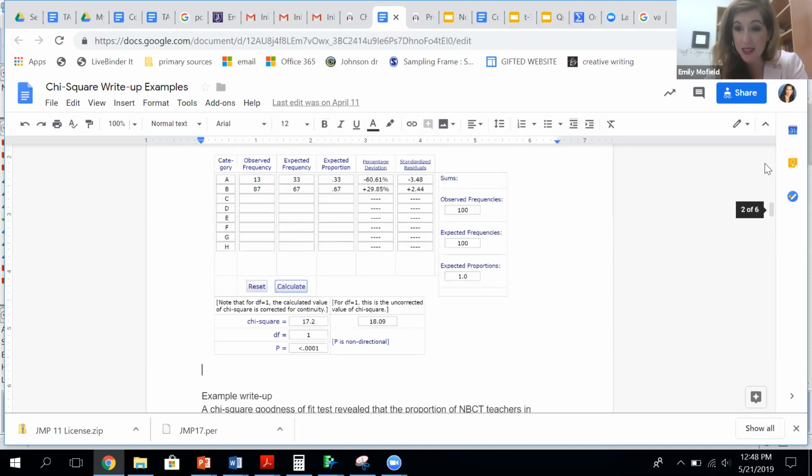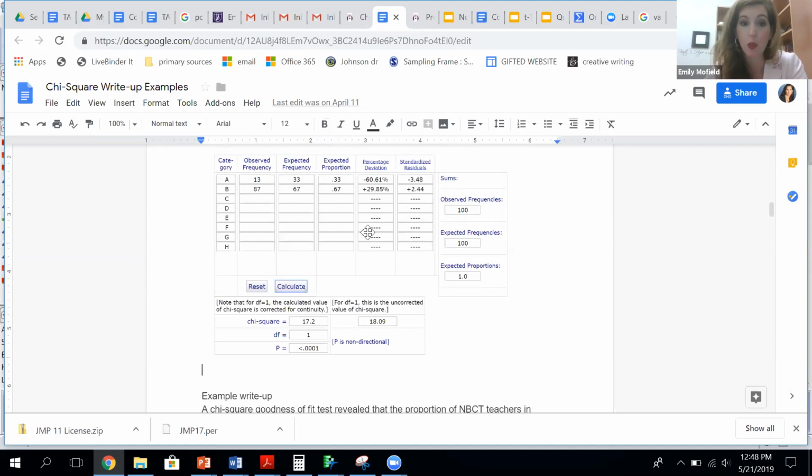Let's say I don't have a data set for this, so instead I'm going to use this calculator here, and I put in the numbers of teachers that I have. These are the expected proportions that I have found from the literature, that really 33% of teachers should have it, but in my sample there was only 13.